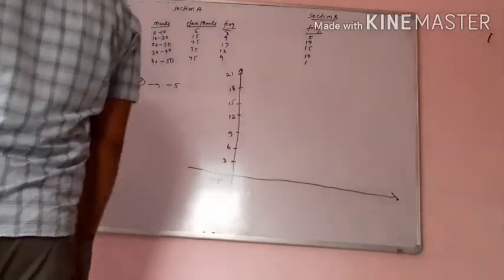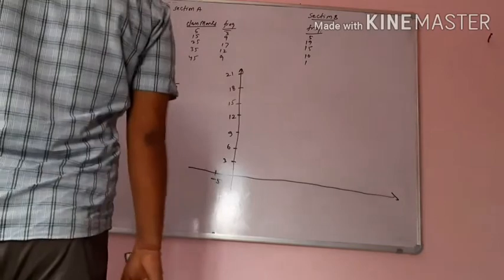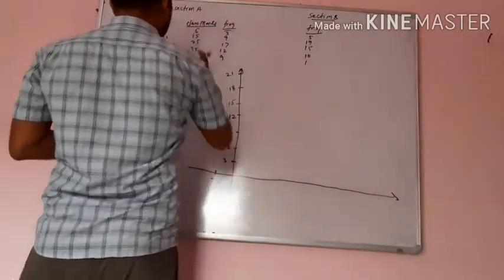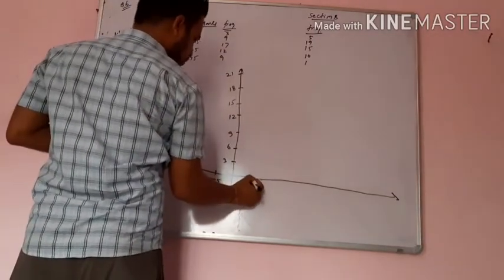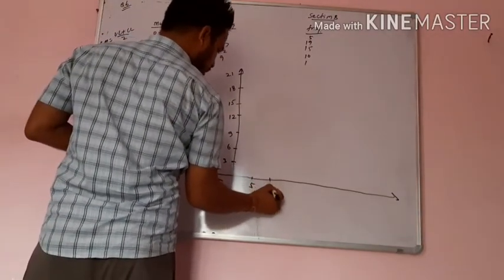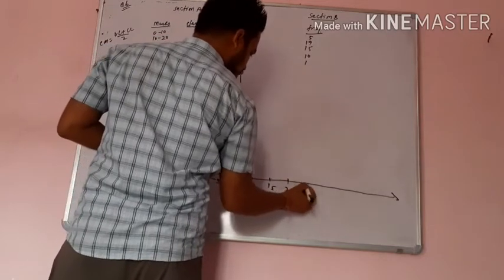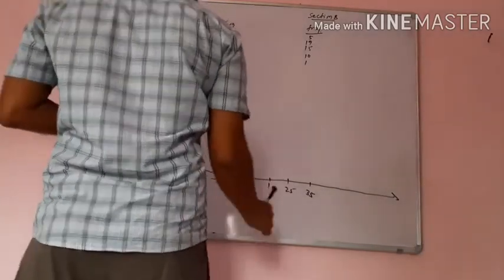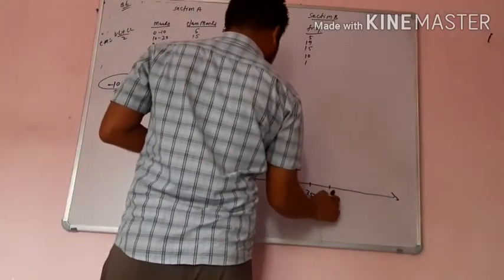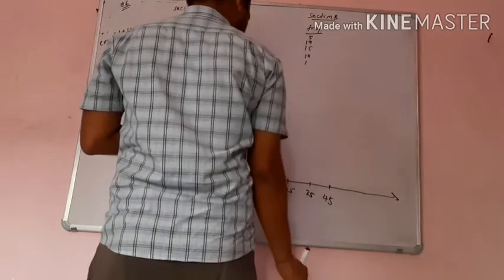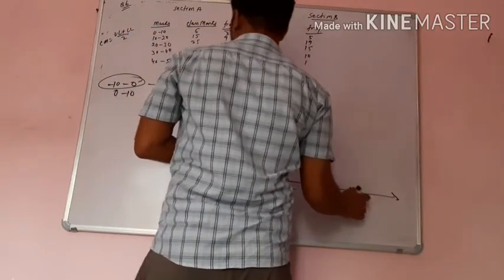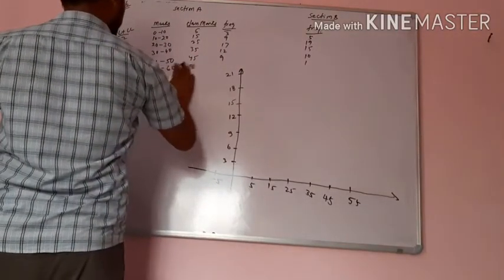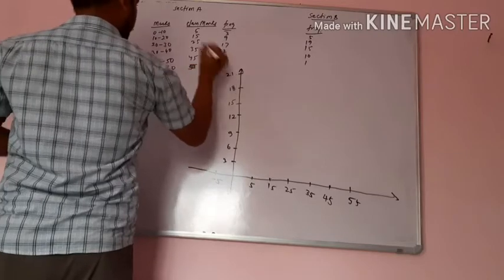On the x-axis you indicate the class marks: minus 5, 5, 15, 25, 35 and 45, and you also mention 55 because the next group after 50 is 50 to 60. In this case the class mark will be 55 and frequency will be 0.